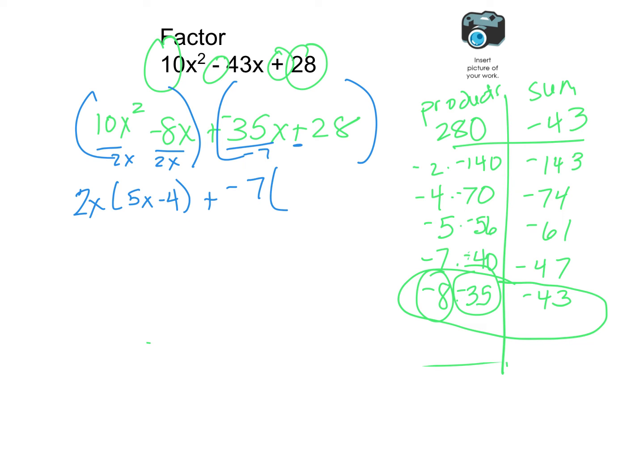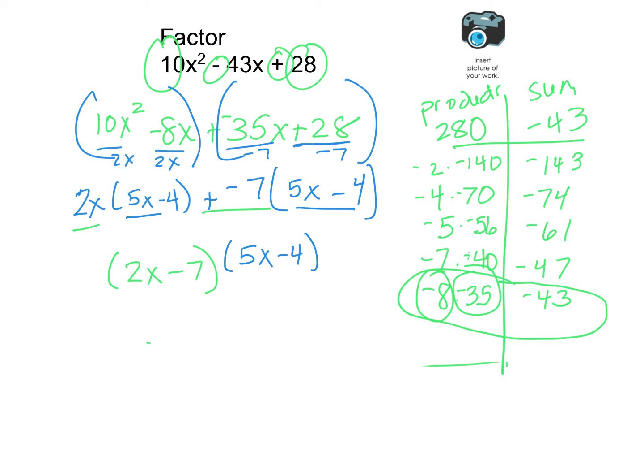So I'm going to divide both of these by negative 7. Negative 35 divided by negative 7 is a 5x. 28 divided by negative 7 is negative 4. Okay, so I have the same binomial for each of them, which is terrific because I remind myself 2 for 1. And then what's left over gets put into a binomial in parentheses by itself, and I'm going to do plus negative as a minus sign.